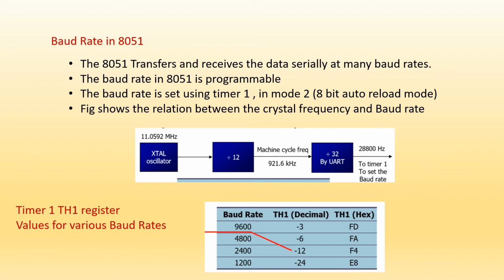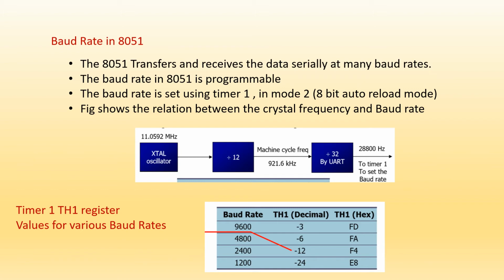Okay, so the table shows the value that has to be loaded into the TH1 register to set the baud rate. The timer frequency is 28,800 now. To set the baud rates, what value has to be loaded into TH1? The initial value is given in the table.